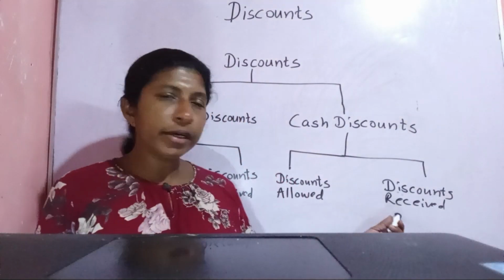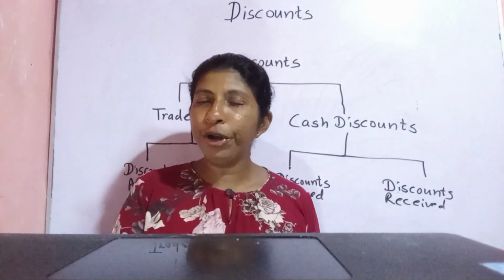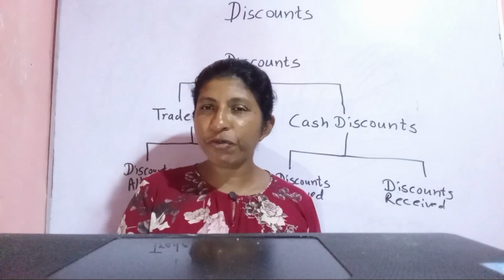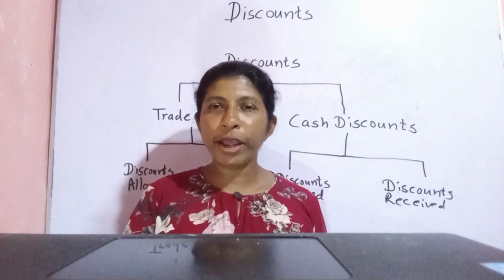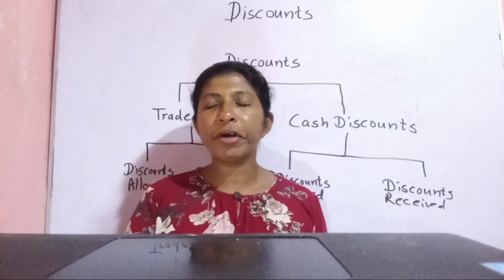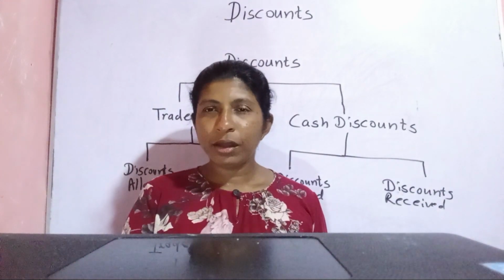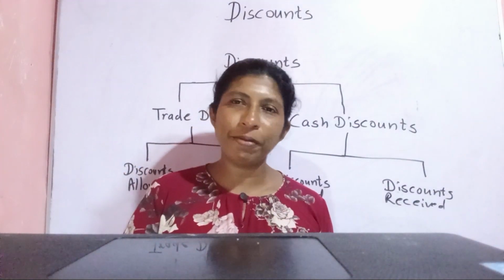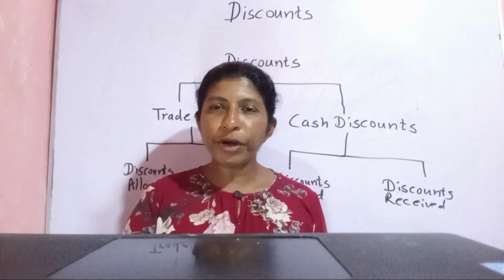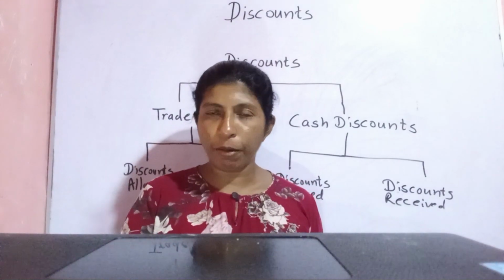If we consider this discount received, it is an income of our business because it is reducing the value we have to pay to our creditors. We have to identify that as income of the business. Therefore, it is an increase of income.